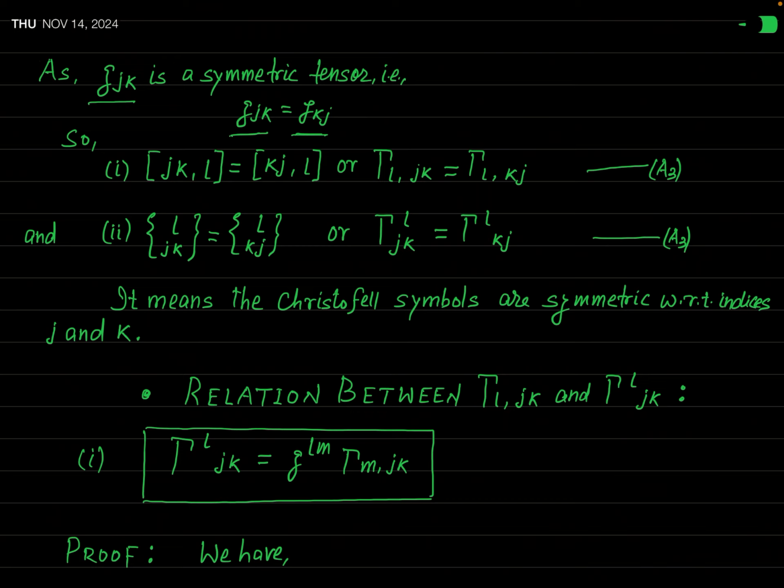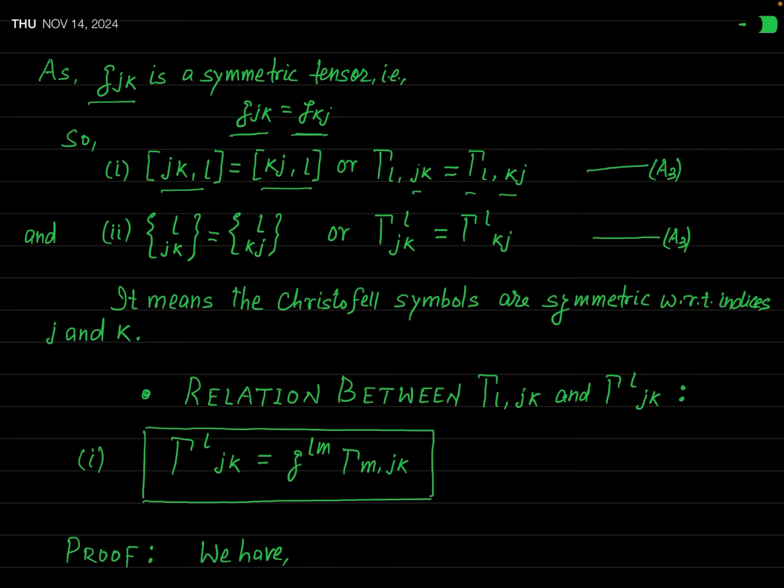So for the first kind of Christoffel symbol, you may write that [jk, l] is equal to [kj, l], or Γ_l,jk is equal to Γ_l,kj.